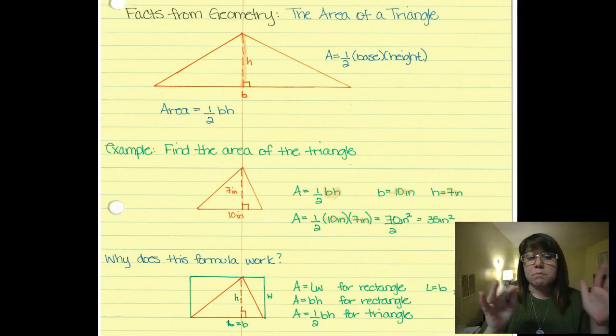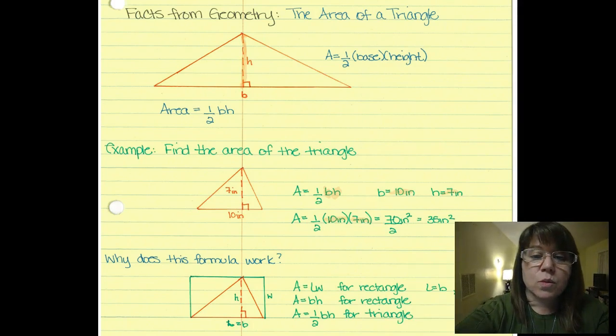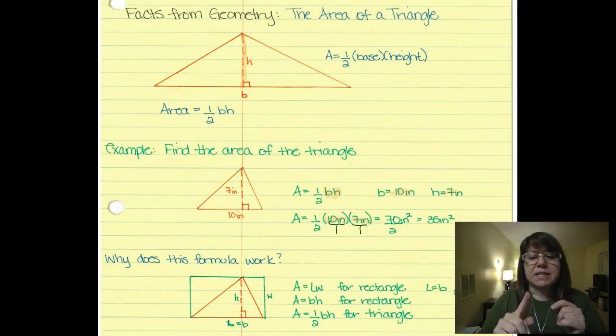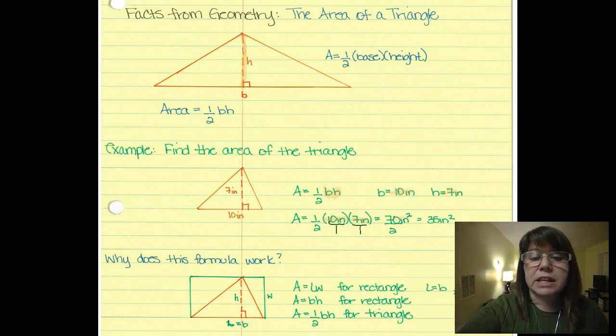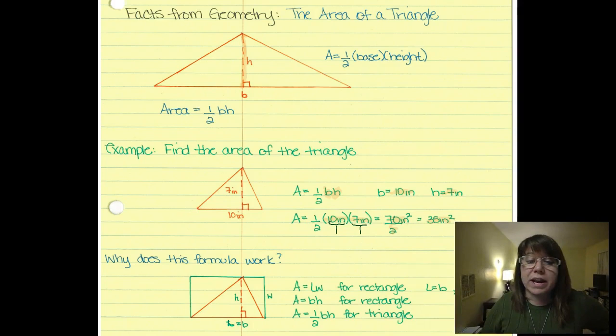This is just multiplication of fractions now, and if you need to write the whole numbers over 1, you certainly can. 1 times 10 times 7 is 70, but inch times inch is inches squared. For the denominators, 2 times 1 is 2. So now I have 70 inches squared over 2, but 2 goes into 70 35 times. So the area of my triangle is 35 inches squared.